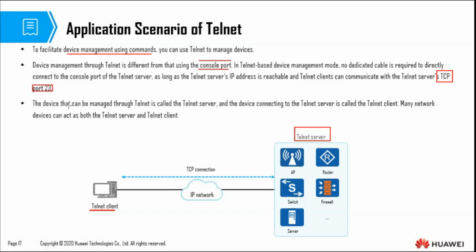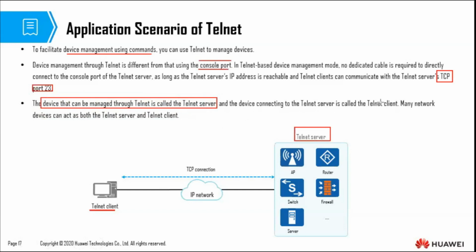Now, the device that can be managed through Telnet is called the Telnet server. So if you want to be able to configure your router via Telnet, you have to configure it as a Telnet server. That is what that means.